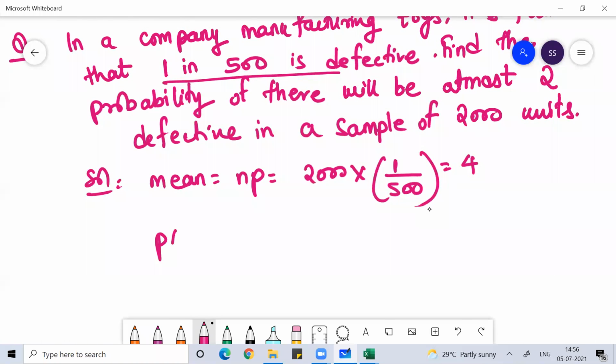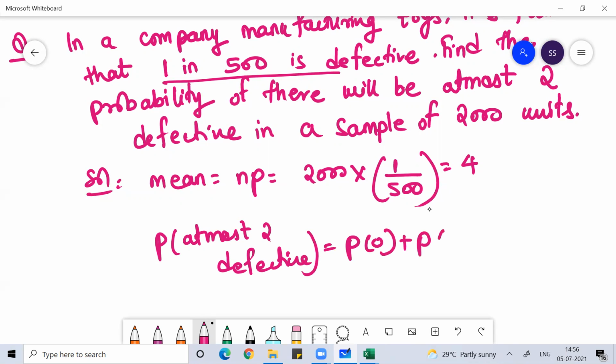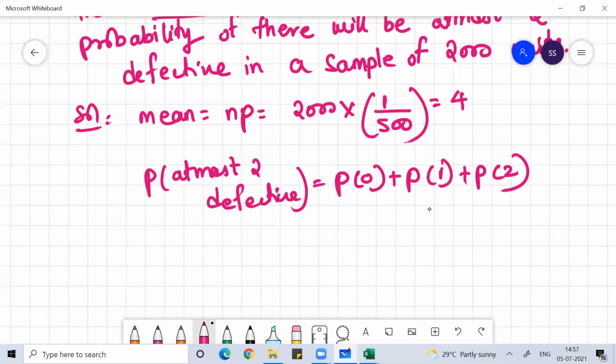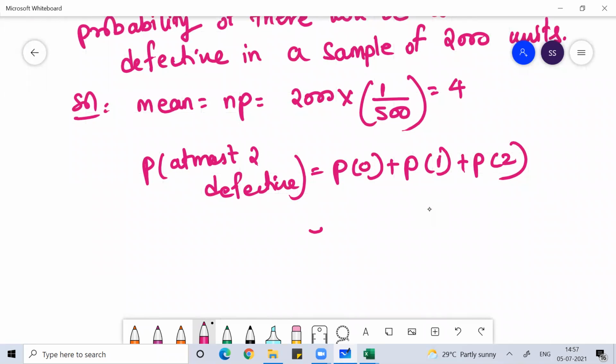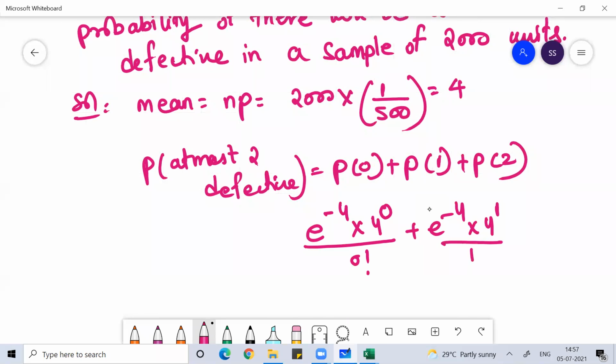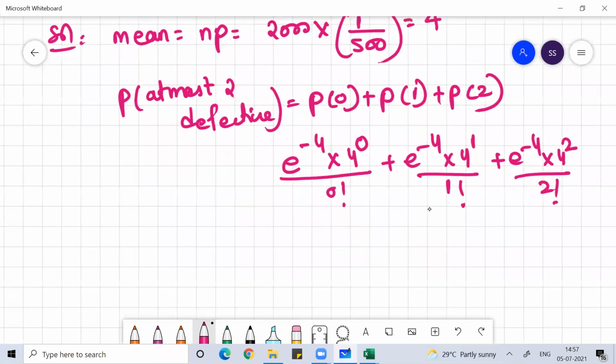The probability that there will be at most two defective will be the probability of zero defective plus one defective plus two defective. So this would be P(0), e to the power minus 4 into 4 to the power 0 by 0 factorial, plus e to the power minus 4 into 4 to the power 1 by 1 factorial, plus e to the power minus 4 into 4 to the power 2 by 2 factorial.